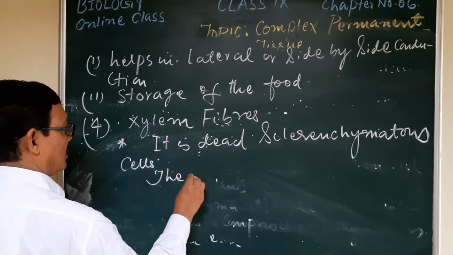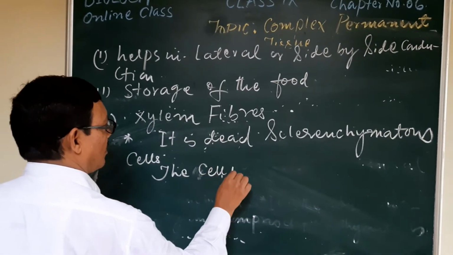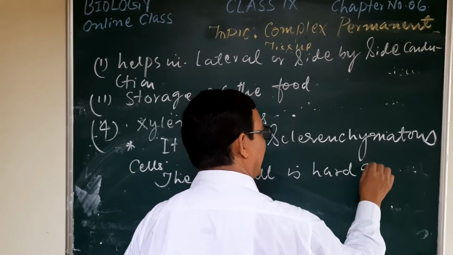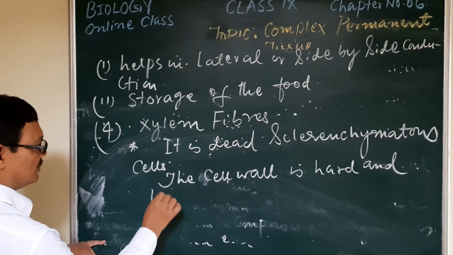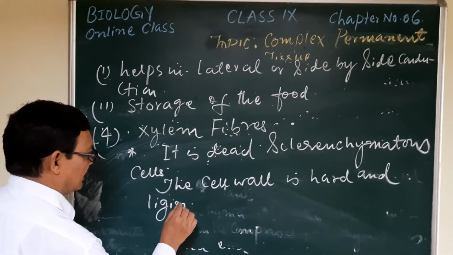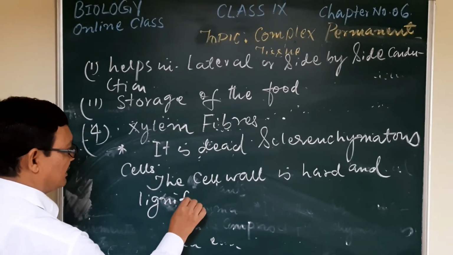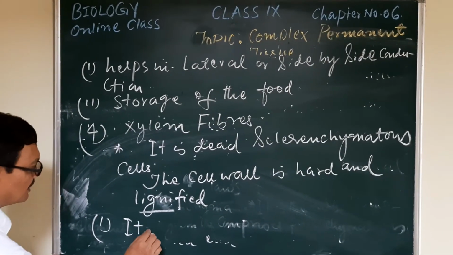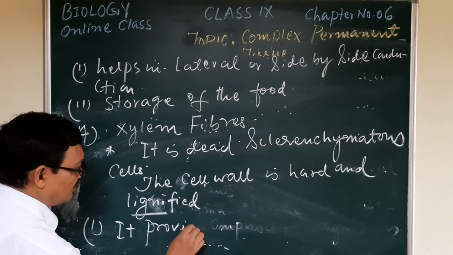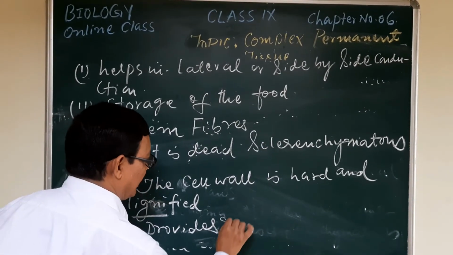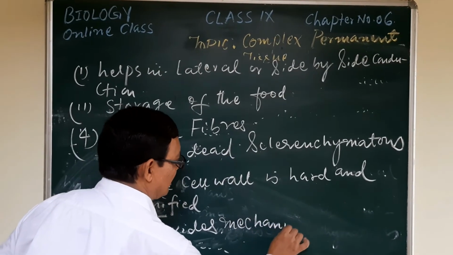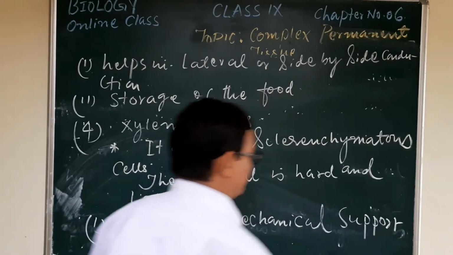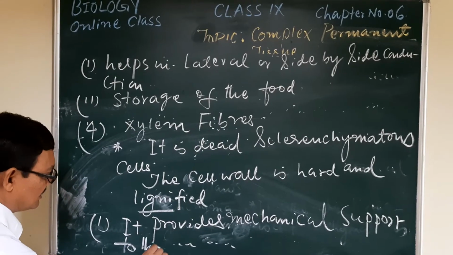The cell wall is hard and lignified due to the presence of lignin. Function: it provides mechanical support or strength to the plants.